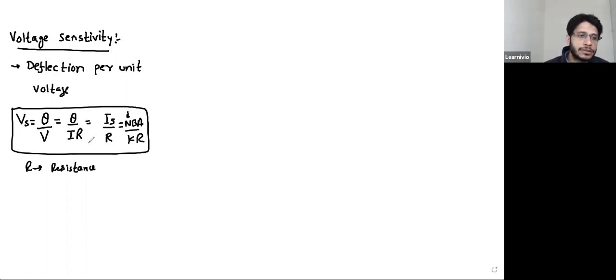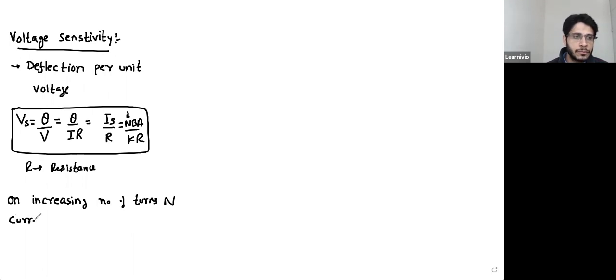See why it happens. On increasing number of turns, N, current sensitivity increases, but voltage sensitivity doesn't.